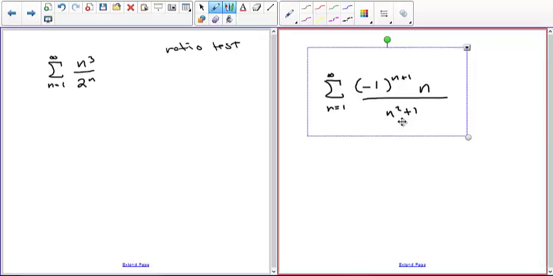So it'll be something like, since this is an alternating series and this is true and this is true, the convergence criteria for the series are satisfied, hence the series converges, something along those lines.